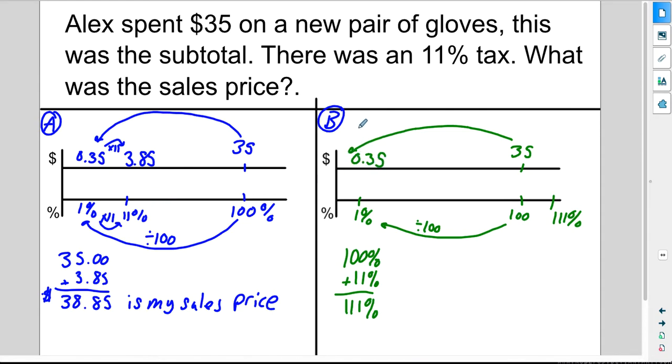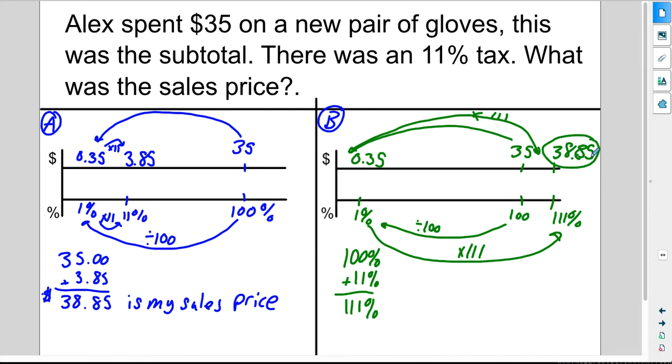This method actually allows you to skip a step because we won't have to add my 11%, that $3.85, to my subtotal of $35, because we can just go directly from 1% to 111% by multiplying by a factor of 111. That'll give us the exact value we're looking for. That's $38.85. I'm sorry, $38.85. That's going to be my sales price.